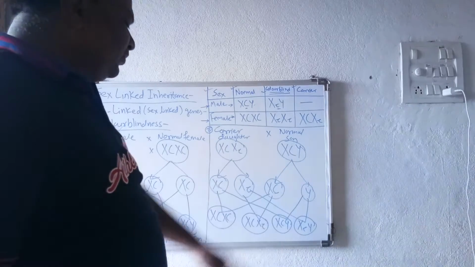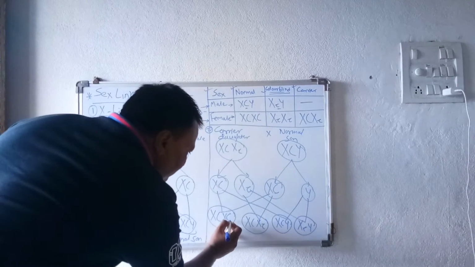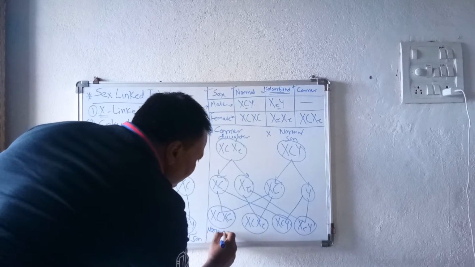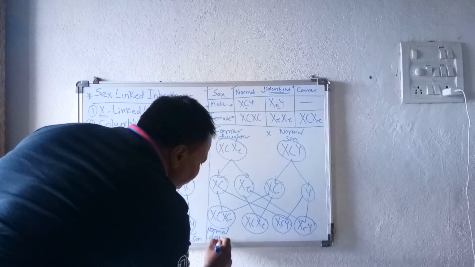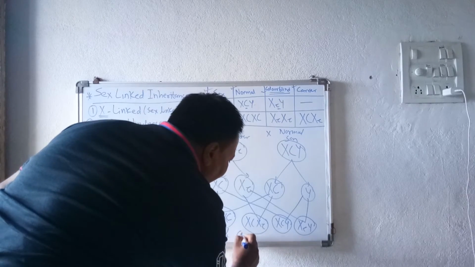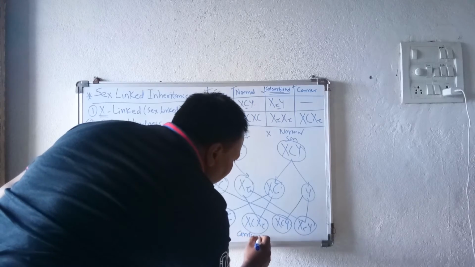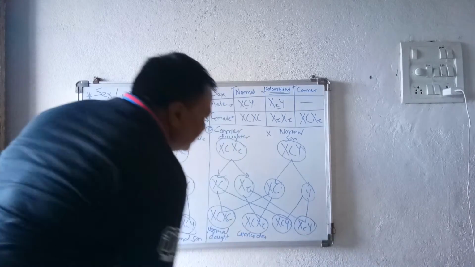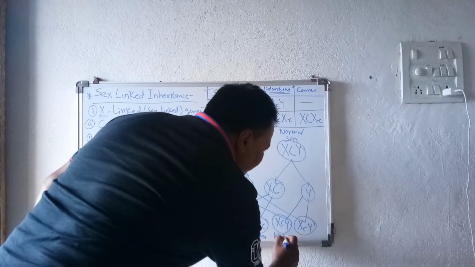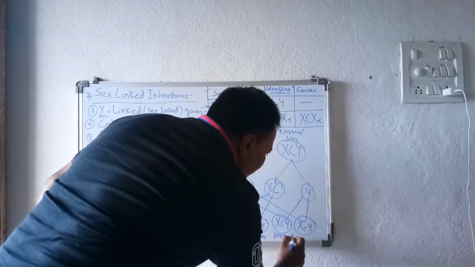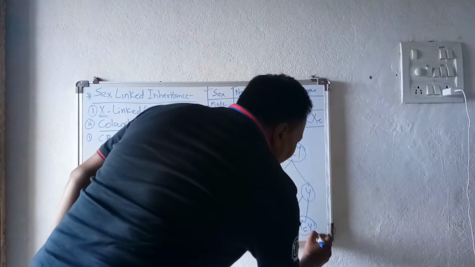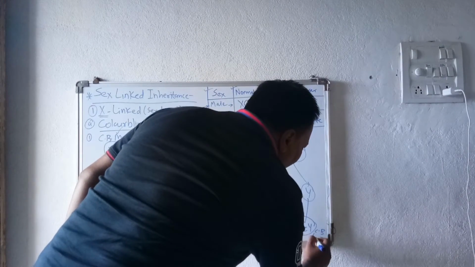So out of these four combinations, this one will be a normal daughter with normal vision. This will be the carrier daughter. This son will be the normal son, and lastly this son will be the color blind son.